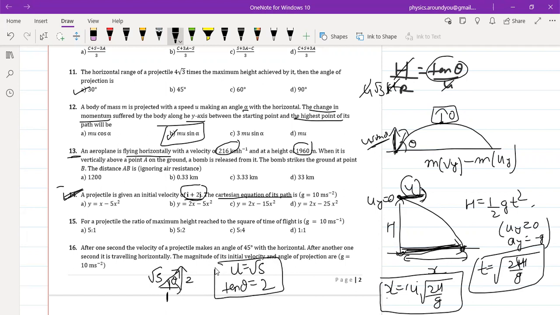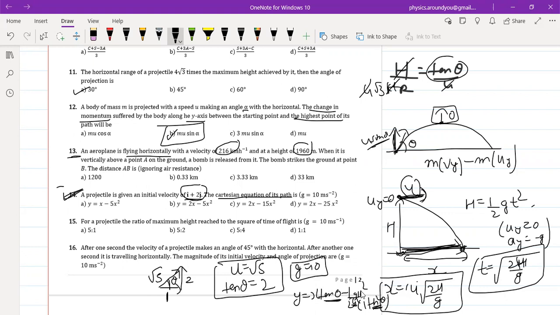So with u as root 5, tan theta as 2, and g as 10, all I need is just to put these values in the equation of trajectory, right? Y is equal to x tan theta minus half gx square times by u square times 1 plus tan square theta. We know the value of tan theta. We know the value of u square. U square would be 5 and g is 10.